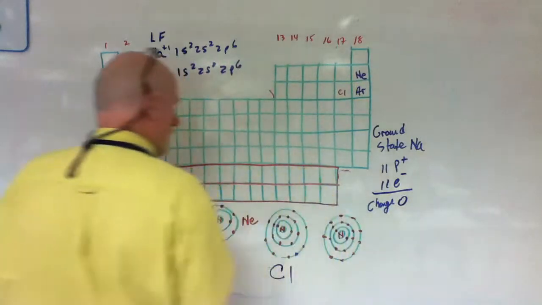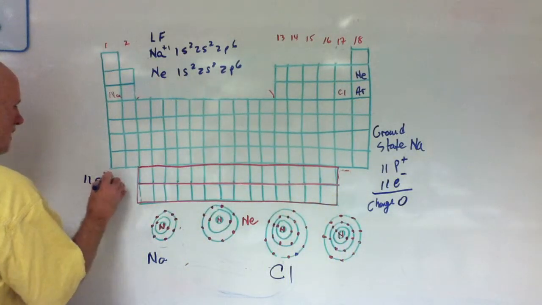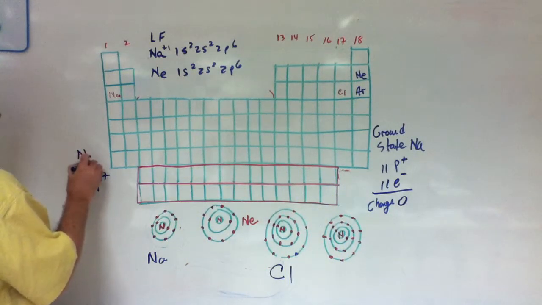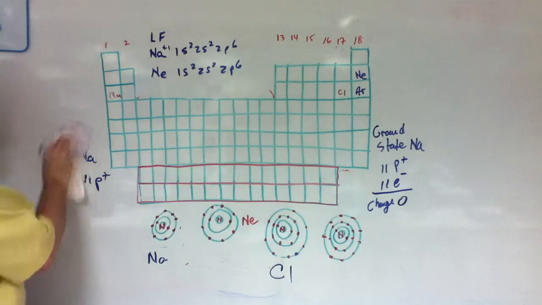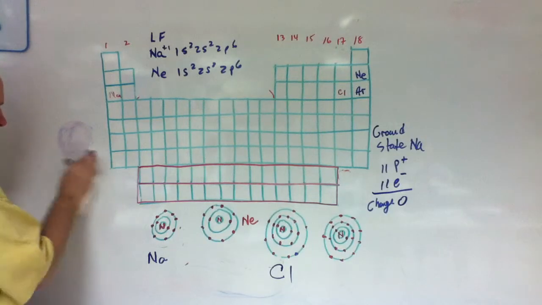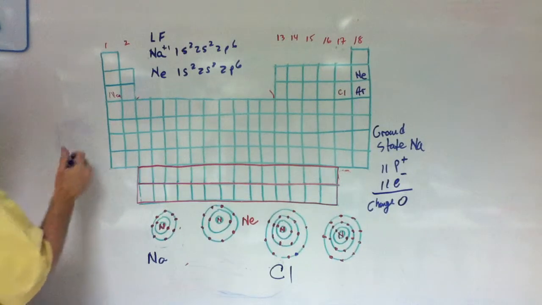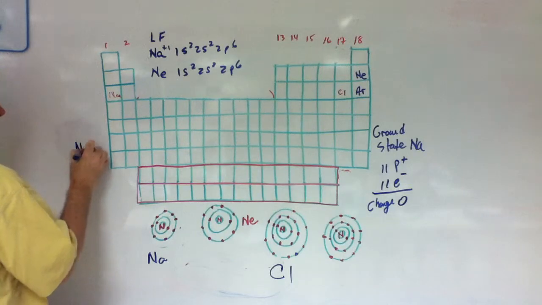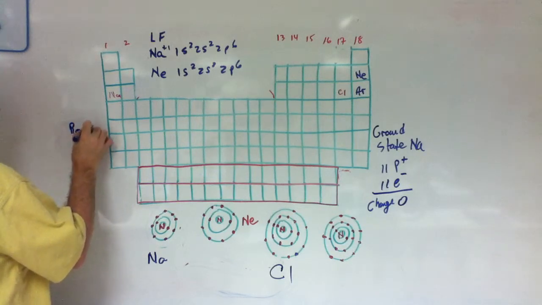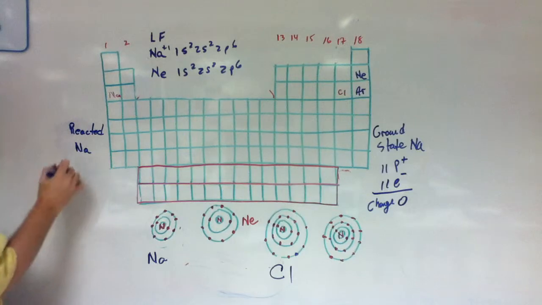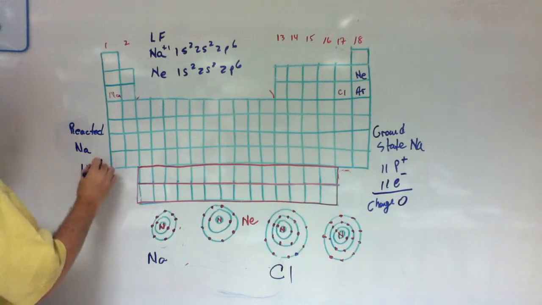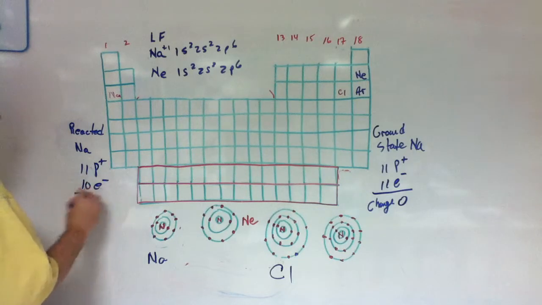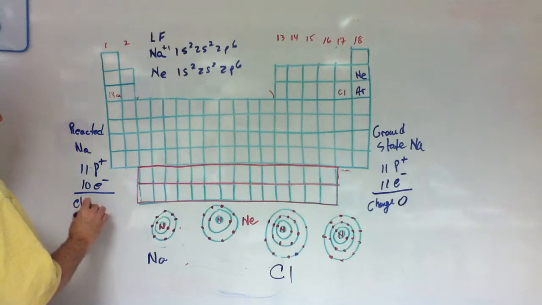Now, over here, it has 11 protons. This is sodium. This is reacted. Sodium, reacted, 11 protons, 10 electrons, charge plus 1.